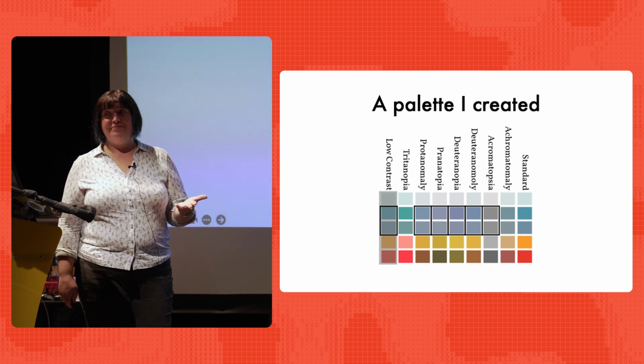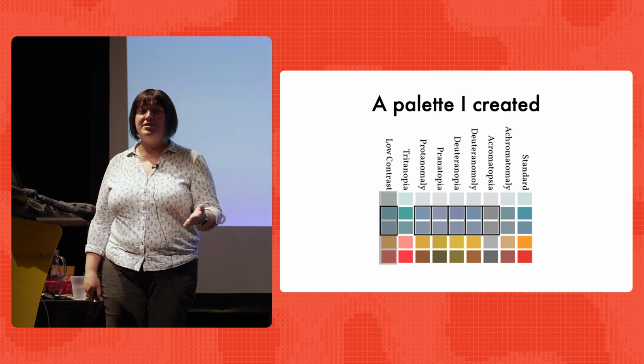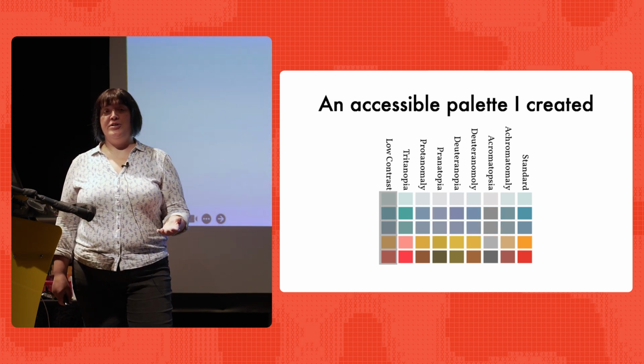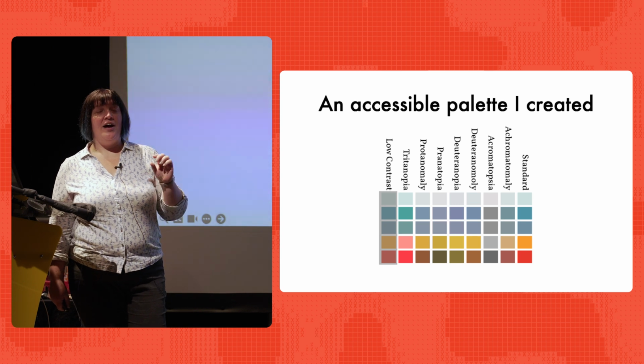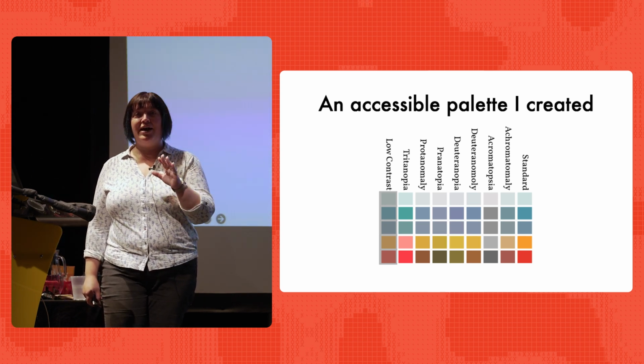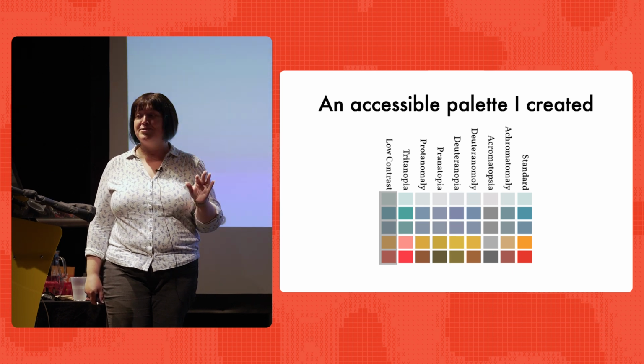And what are you going to do about that? Easiest thing is just take one of those colours out. If you don't need those colours, just remove them. The other thing you can do is you can change the lightness or darkness of that colour, but then you're going to have to do that check again to make sure that it is different from everything else.